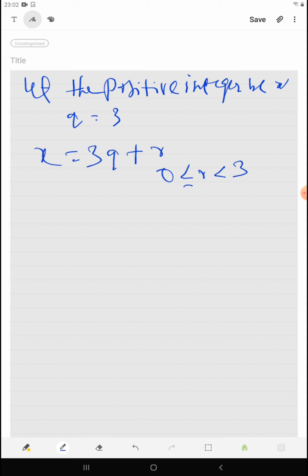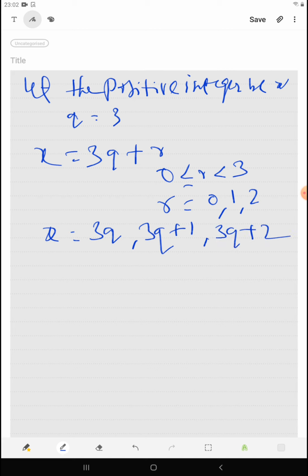So r can be 0, 1, 2. So x will become 3q, 3q plus 1, or 3q plus 2. So it can be represented in these three forms.